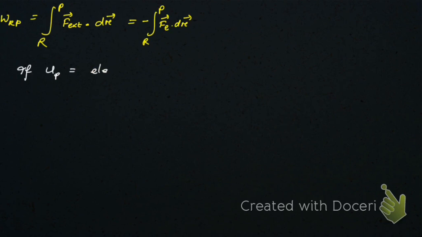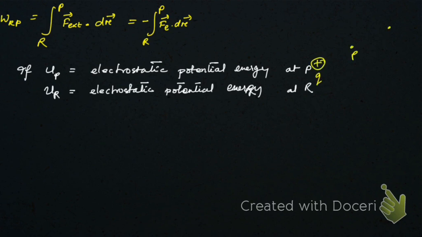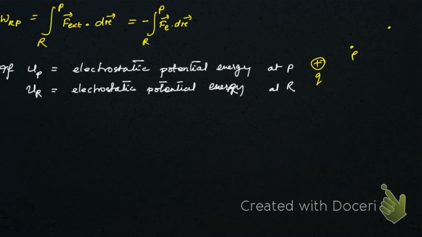If U_P is the electrostatic potential energy at P, and U_R is the electrostatic potential energy at R, then here is the diagram again.